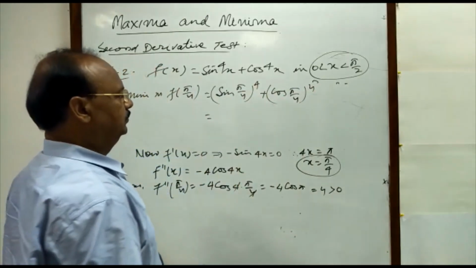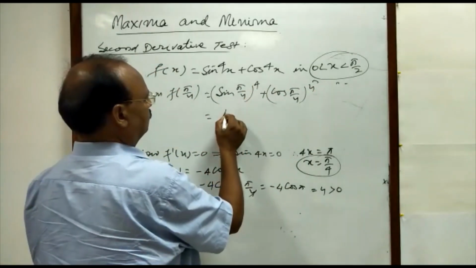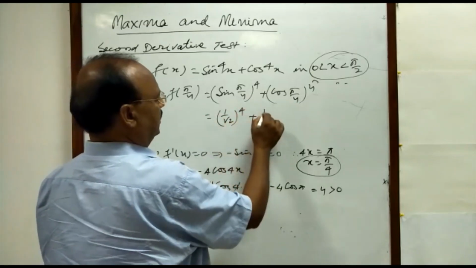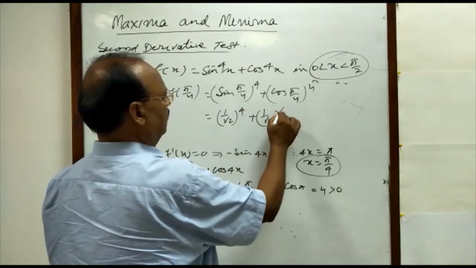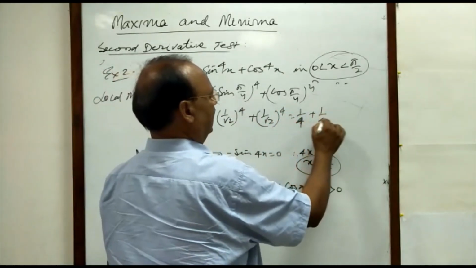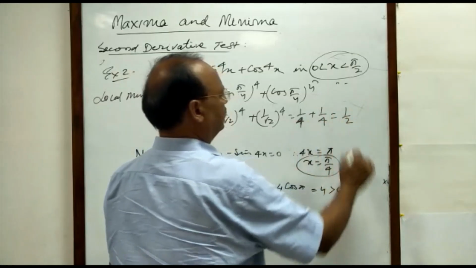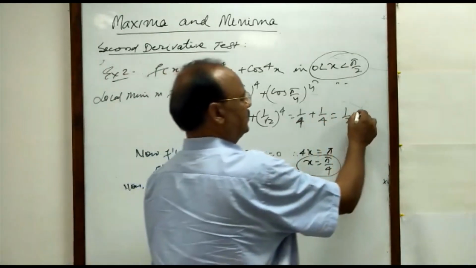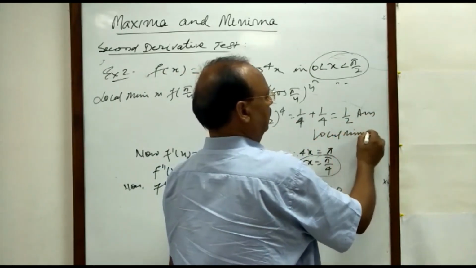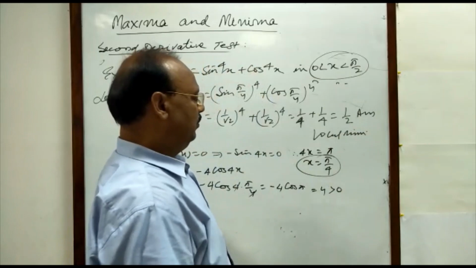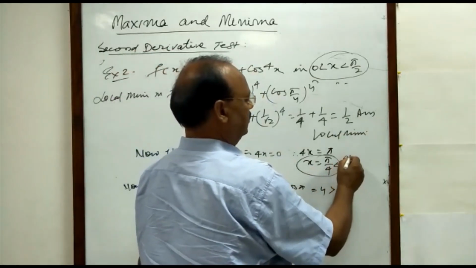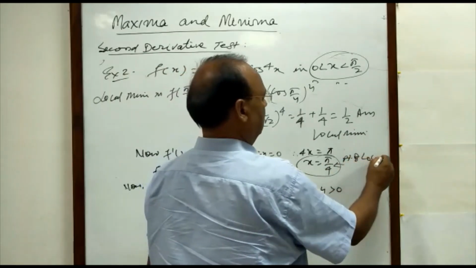This is equal to 1 by root 2 power 4 plus 1 by root 2 power 4. This is equal to 1 by 4 plus 1 by 4. This is equal to half. So this is the answer. This is local minima, and the point of local minima is pi by 4.